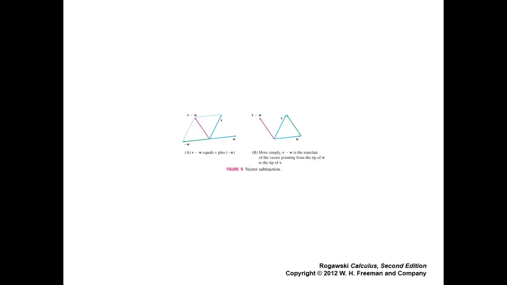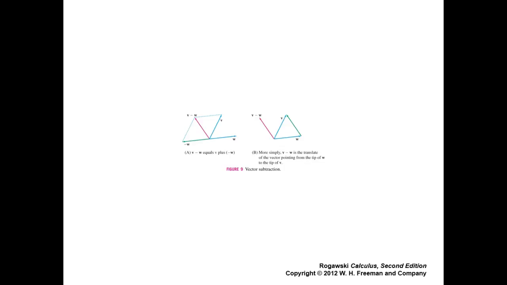Lambda could be negative, so it's the absolute value of lambda times the magnitude of V. You've scaled it up or scaled it back, depending on the magnitude of lambda. That's the length. It points in the same direction as V as long as lambda is positive. If lambda is negative, it points in the opposite direction of V, just like the negative of the vector we were talking about before.